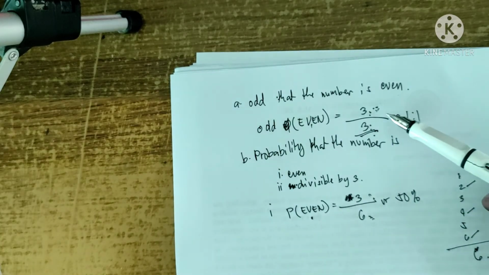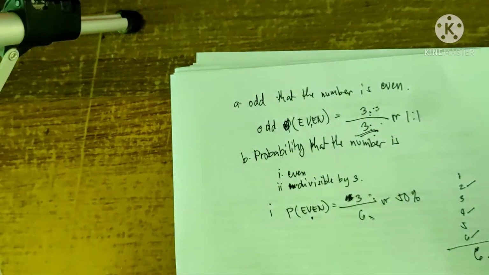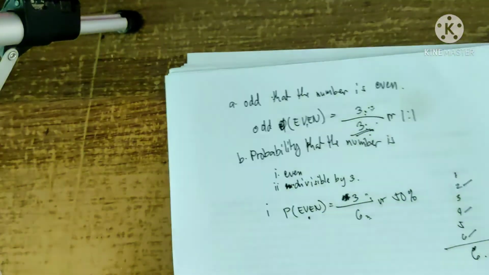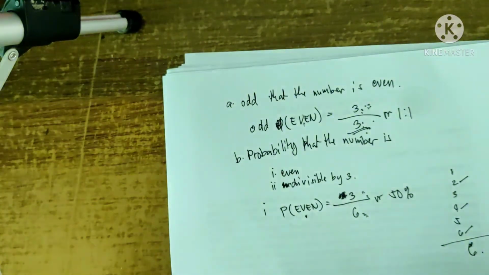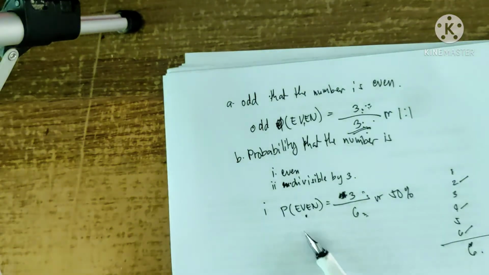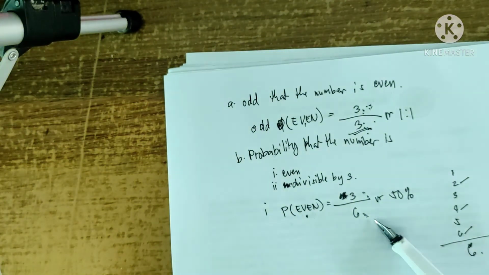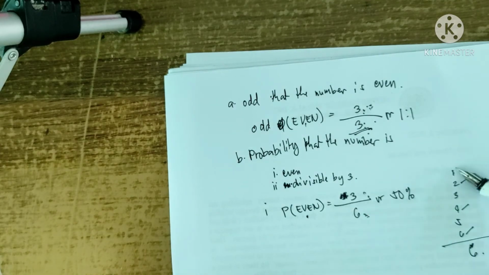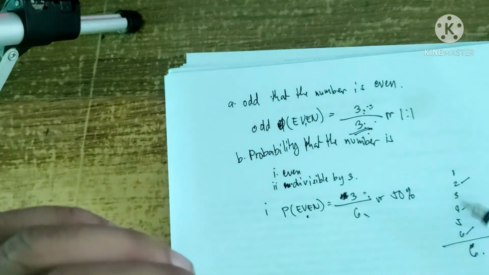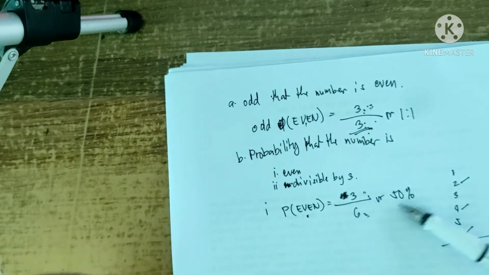Kasi nga, dito sa odds, ina-add mo lang yung mga sobra. Kinuha mo lang yung kailangan mo, and then, sa ilalim, in-add mo lang yung sobra. Pero dito naman, sa probability, sinabay mo lahat. Sinabay mo lahat, sabay ng number na gusto mong kunin, at saka sabay nung naiwan. So, 3 over 6, which is 50%.